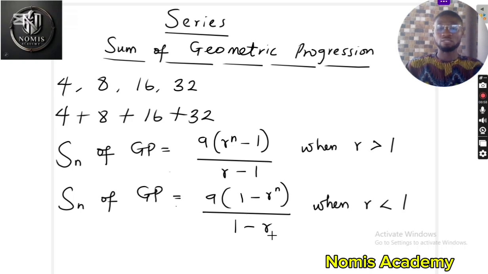So when R is less than 1, it's used like this, such that 1 comes first minus R to the power of n, and then 1 minus R is the denominator. But when R is greater than 1, the other formula must be used. So for a particular formula to be used, the R must be determined. We need to find the value of R. And what's R? Remember, common ratio.